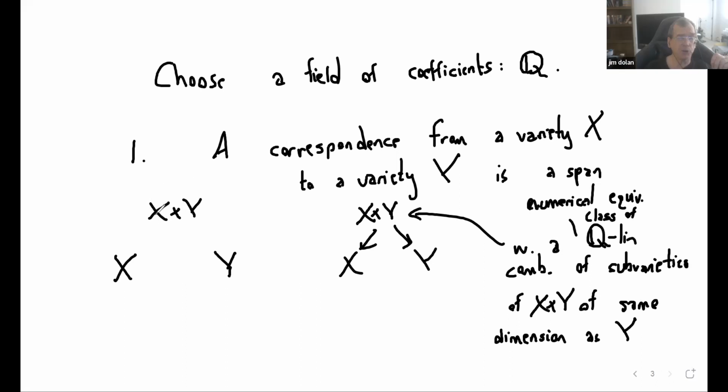The graph of a map always gives you a span. The only slightly weird thing here is that we're taking the graph of a map from Y to X to get a correspondence from X to Y. It's just some convention flip.